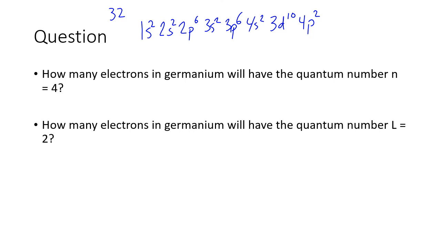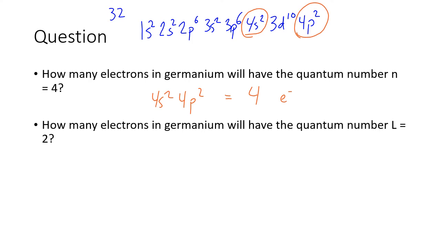The first question says how many electrons in germanium will have the quantum number n equals 4. What we want to do is look and see that the 4 is written out in front. There would be 4s2 and 4p2, so that would be a total of 4 electrons that would have that set of quantum numbers.